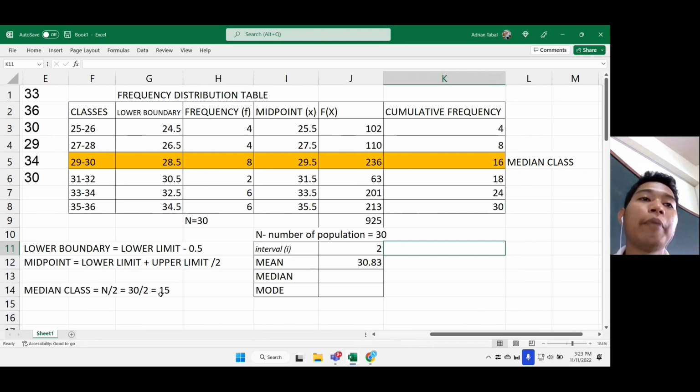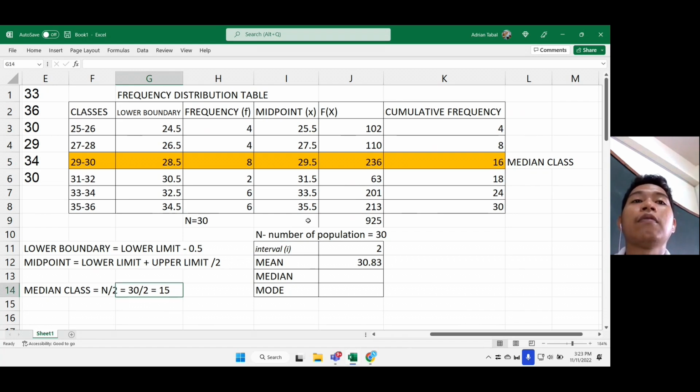Again, to find the median class, that is n over 2. So we have 30 as our n divided by 2, that is 15. That is the median class.